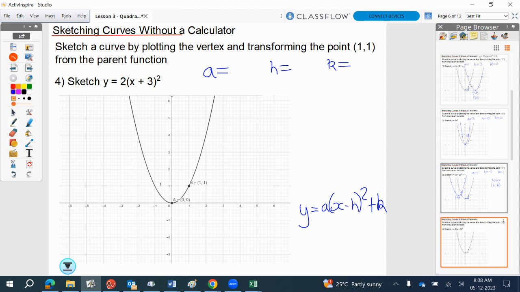Try to do it yourself. So this is going to be minus that, minus.